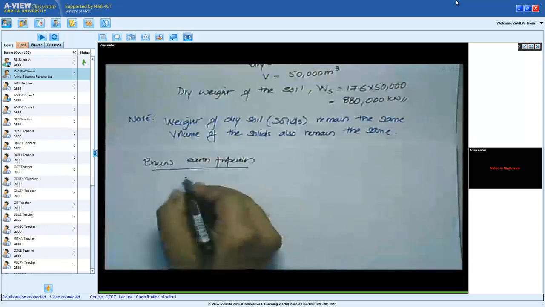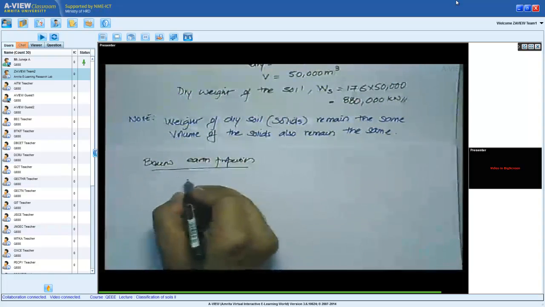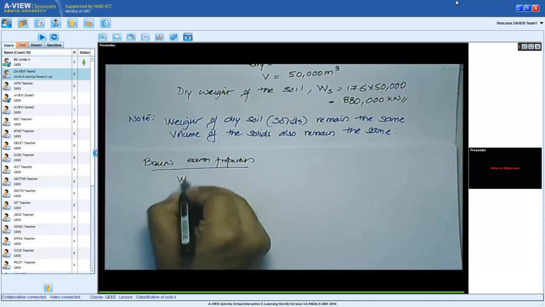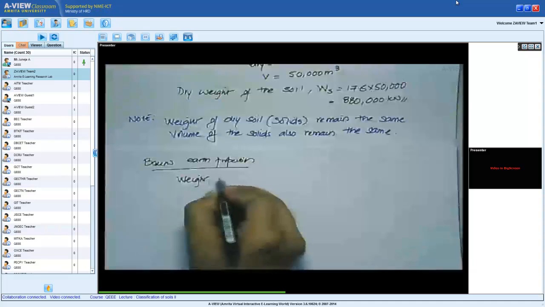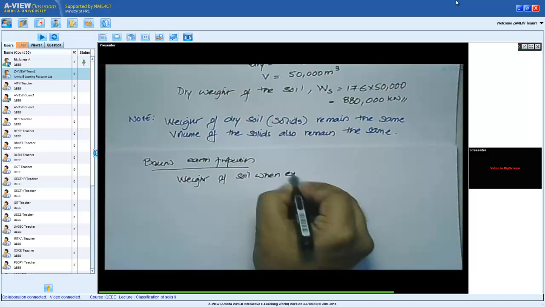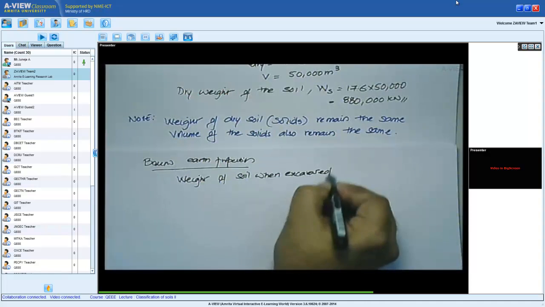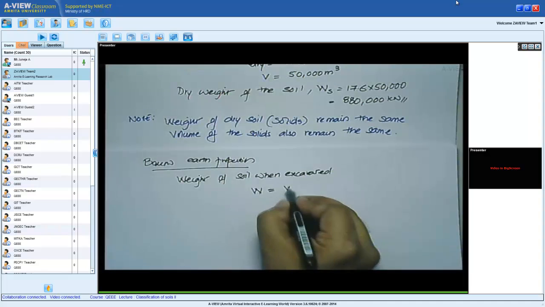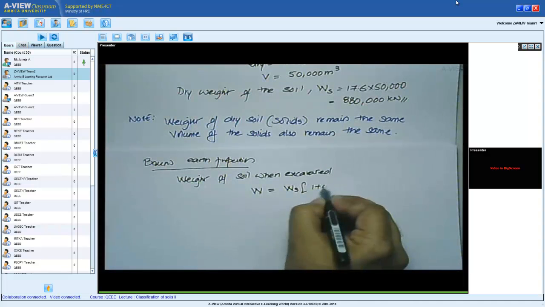If you remember your basic elementary equations, the weight of soil when excavated, W, includes weight of solids plus weight of water, which equals weight of solids times 1 plus water content.